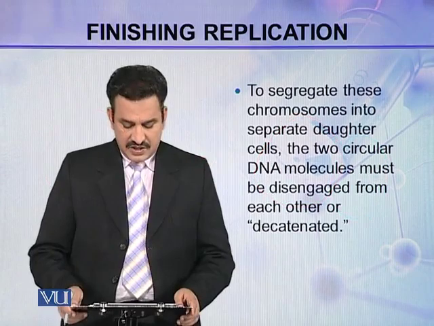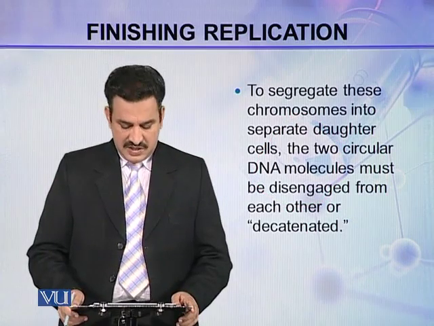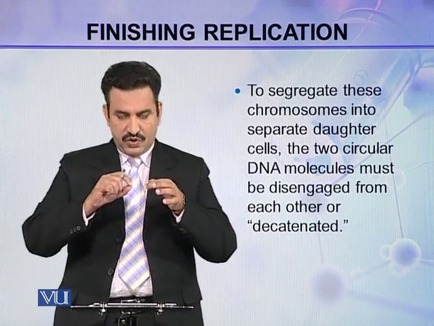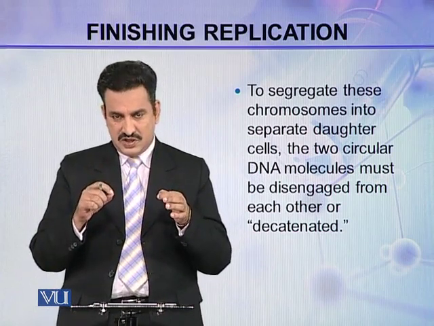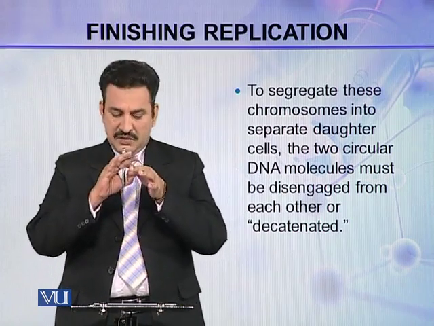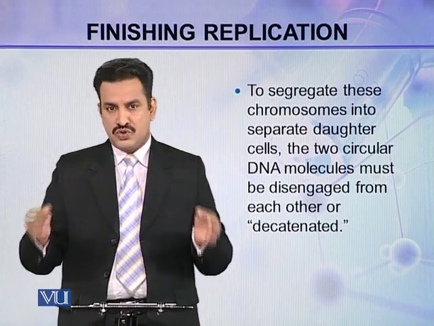So to segregate these chromosomes into separate daughter cells, the two circular DNA molecules must be disengaged from each other, or this is called decatenated. They are catenated and they must be decatenated so that one chromosome goes to one cell.